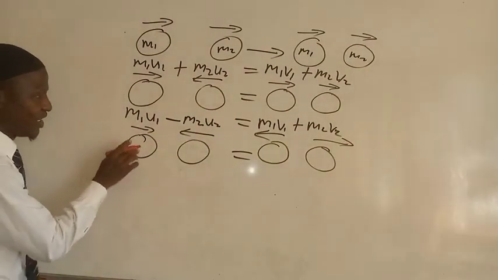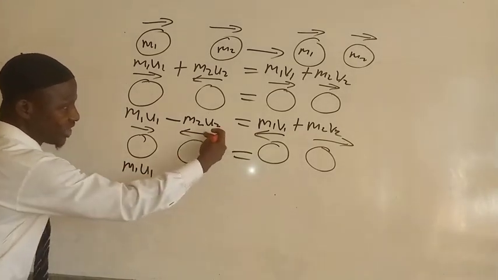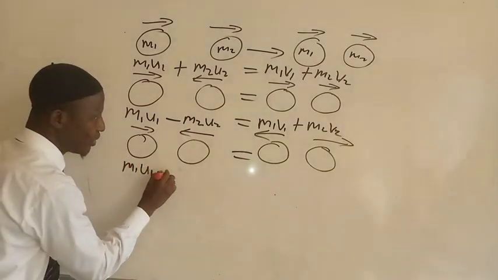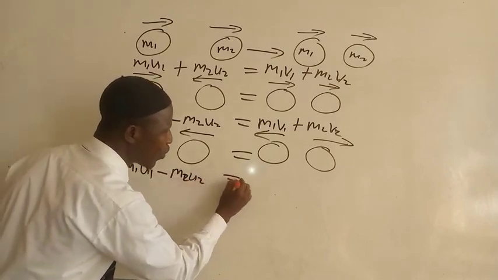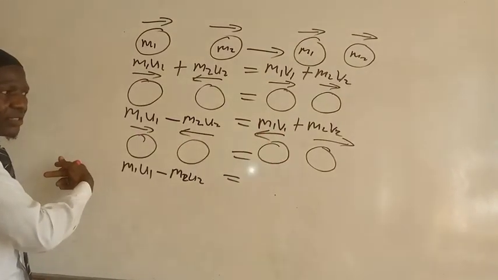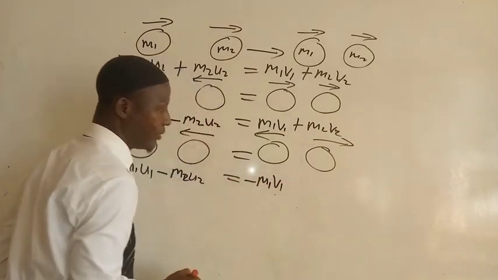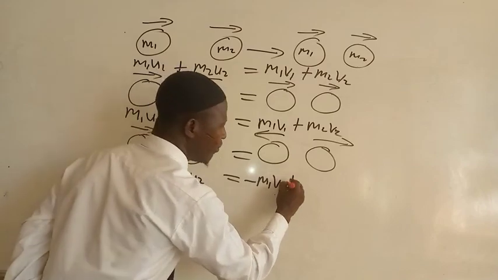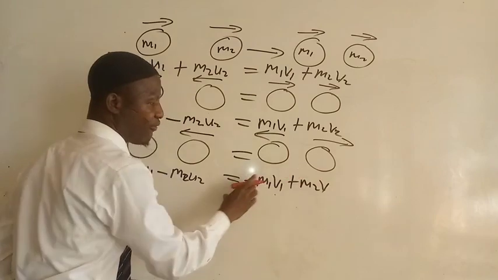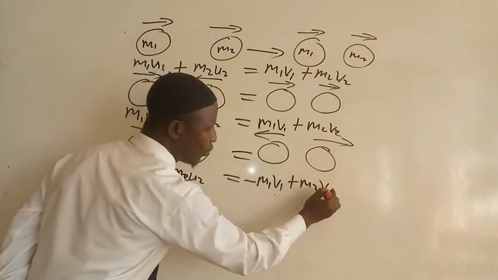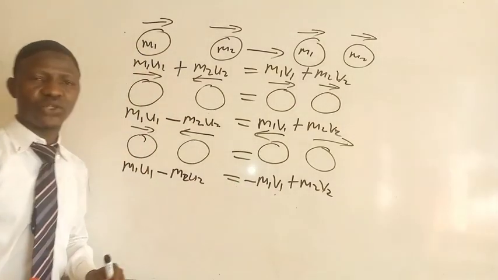I will have M1U1, but since this one is opposite, it will be minus M2U2 is equal to minus M1V1 plus M2V2. In this case, you can also write this one first, so that it will be M2V2 minus M1V1. Whichever way, you will surely get your correct answer.